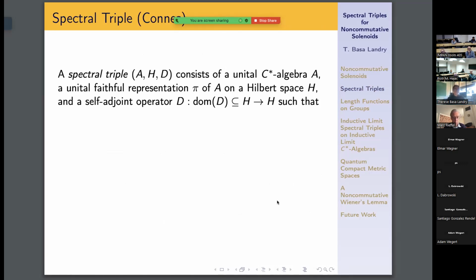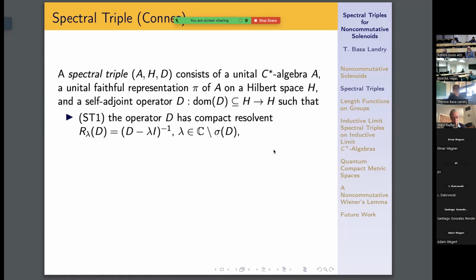In this project, non-commutative solenoids can be viewed as quantum manifolds via spectral triples in the sense of Connes. A spectral triple consists of a unital C-star algebra, a unital faithful representation of the C-star algebra on a Hilbert space, and a distinguished operator on that Hilbert space that exhibits the following properties.